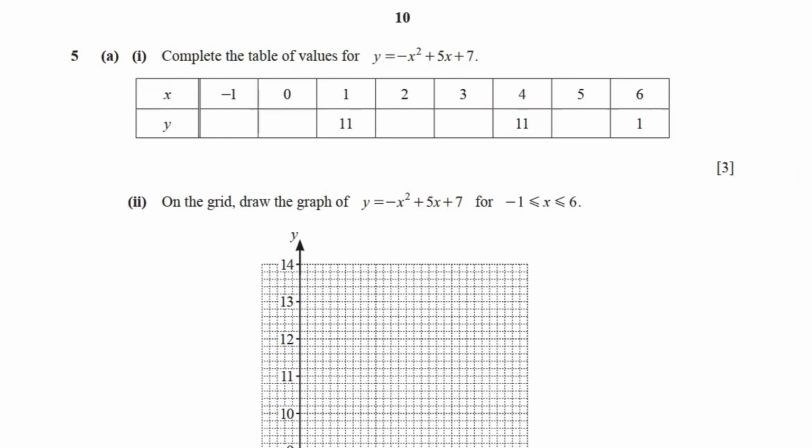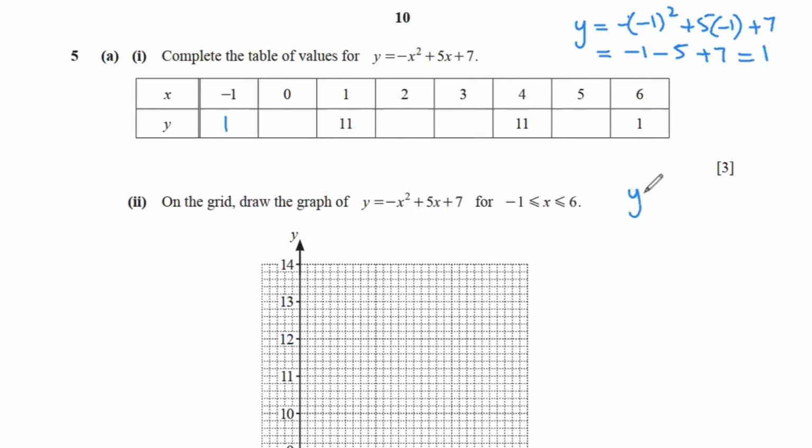So when you substitute negative 1 in the equation, what you should get is 1, because y equals negative times negative 1 whole squared plus 5 times negative 1 plus 7. That's negative 1, because negative 1 whole squared becomes positive 1, but since there's a negative sign outside, 1 goes back to being negative. This is negative 5 and 7, and that gives us positive 1.